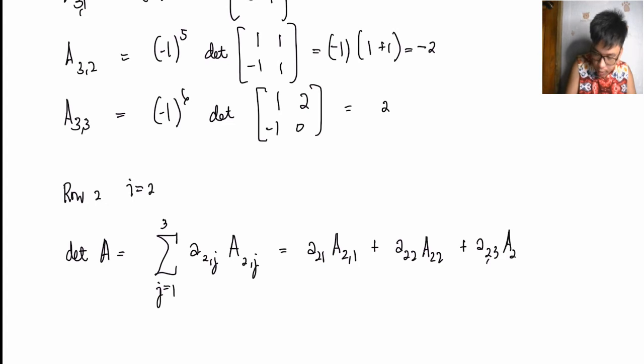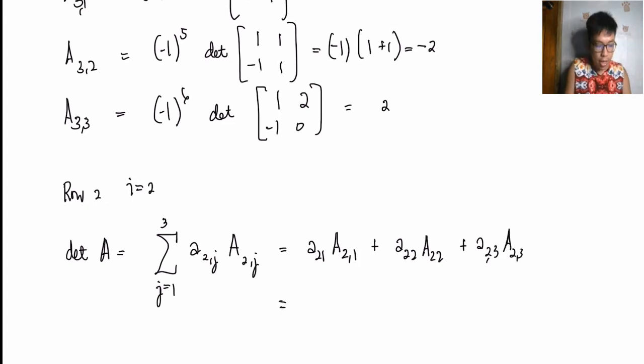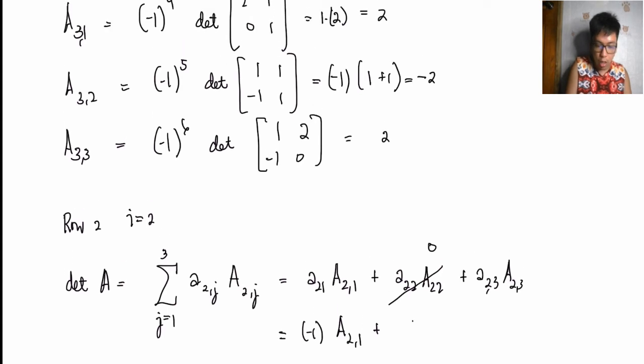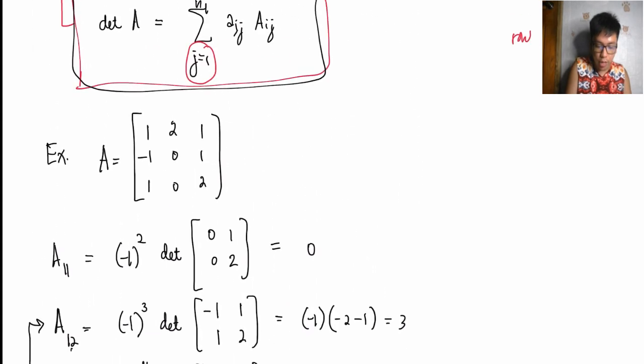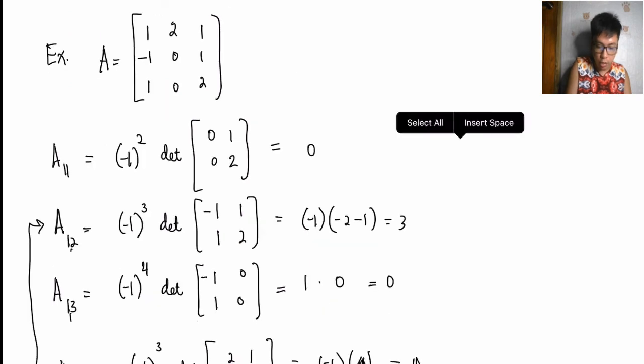So what's a21? Here a21 is negative 1, and this is C21. Plus your a22 here is 0, so this one is 0. And you have a23, and your a23 here from the original entry is 1.